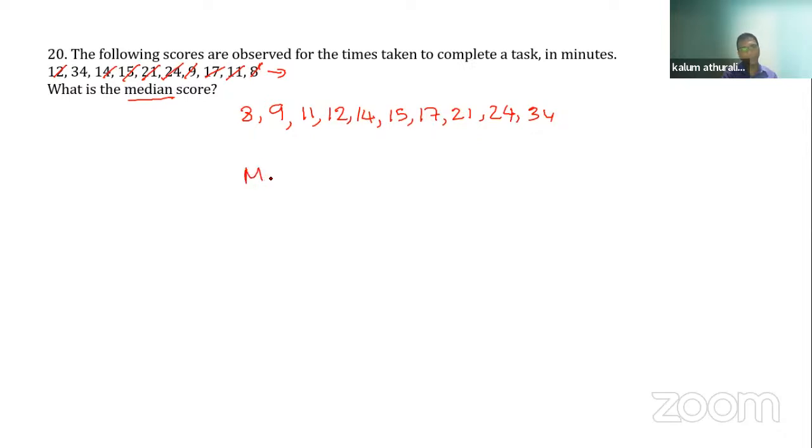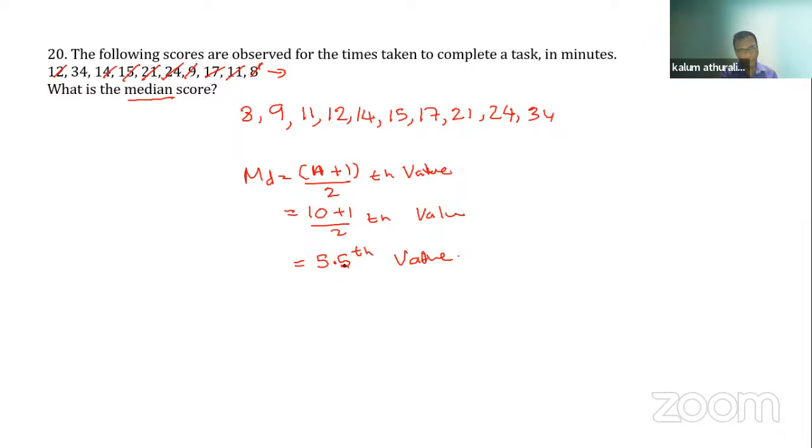How to find the median? Equal to the (n plus 1) divided by 2 th value. Then (10 plus 1) divided by 2 th value, this is the 5.5 value. How to find the 5.5 value?